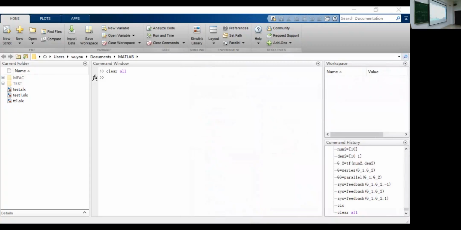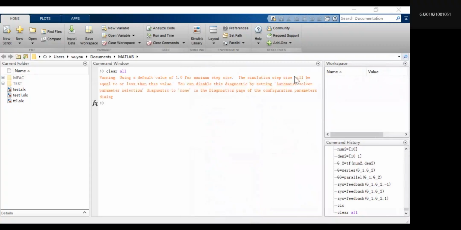Okay, we have a model here, and then click the run button. And then click the scope. You see the curve is showing up. When does the step happen? 20, right? Because we set the step time to 20. It means from 0 to 20, no step. The signal remains 0.